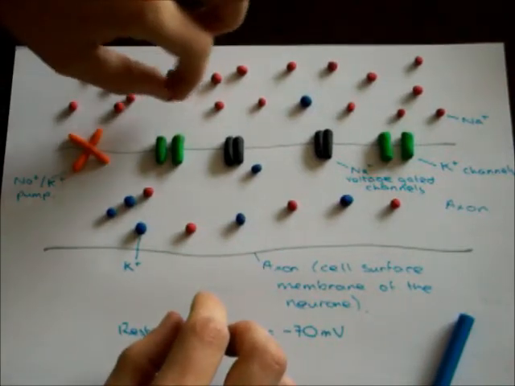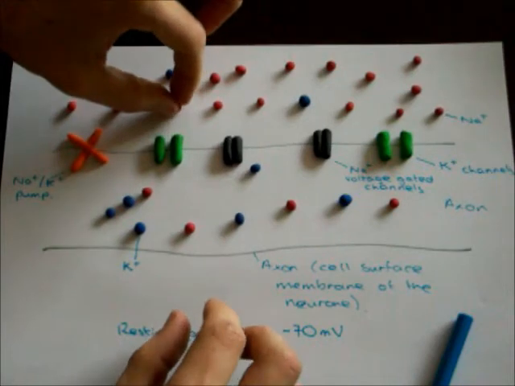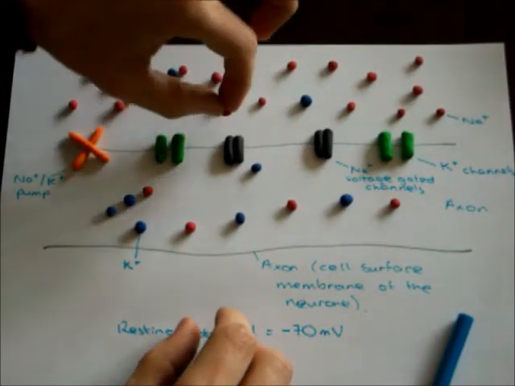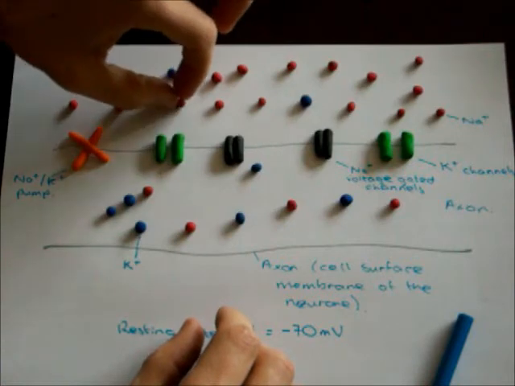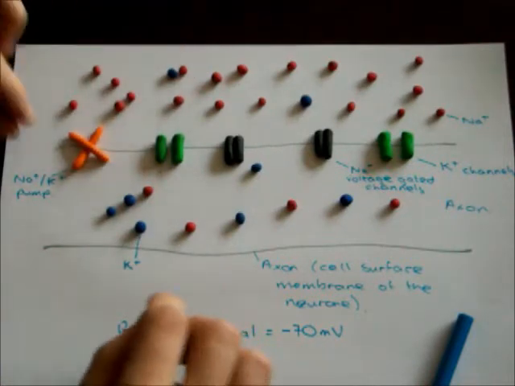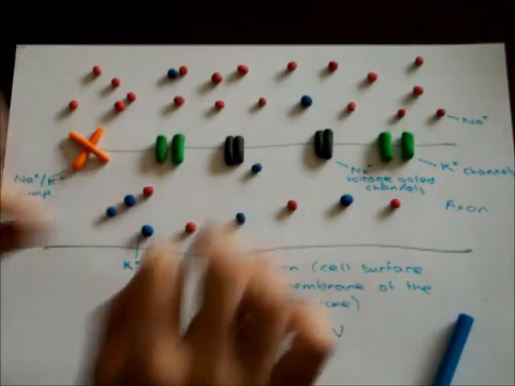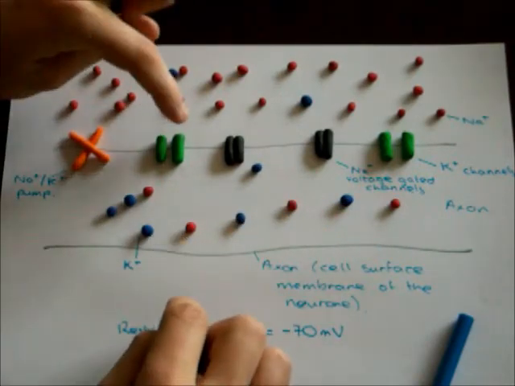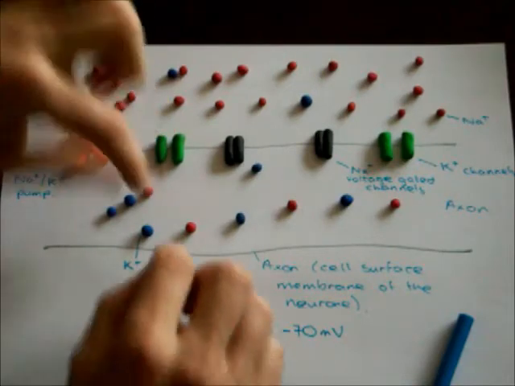Now, the sodium cannot diffuse back into the axon down its concentration gradient, because it can't go through the sodium voltage-gated channels, which are closed. However, the potassium can diffuse down its concentration gradient because it can go through the potassium channels, which are open.